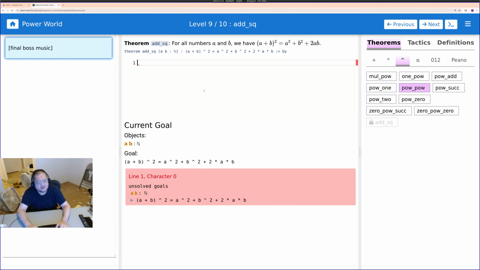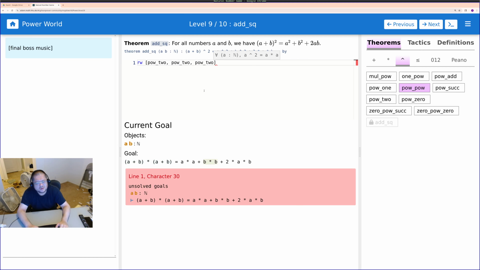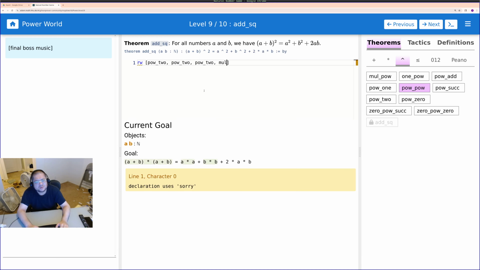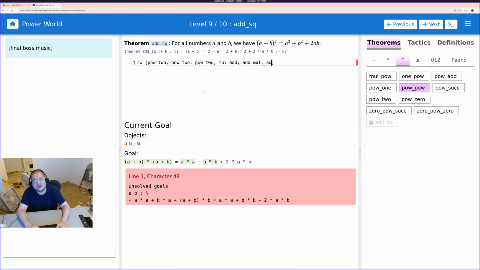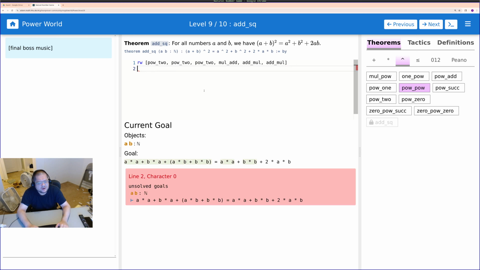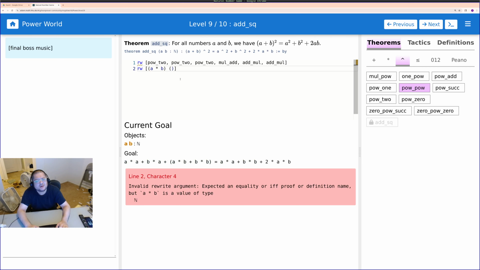Add square. Rewrite power 2. And then we're going to multiply, add, multiply. Alright, now we have to make all of this stuff here match up. So, we're going to aim for a squared, b squared, 2ab. So a squared, b squared. So we want a times b times b.